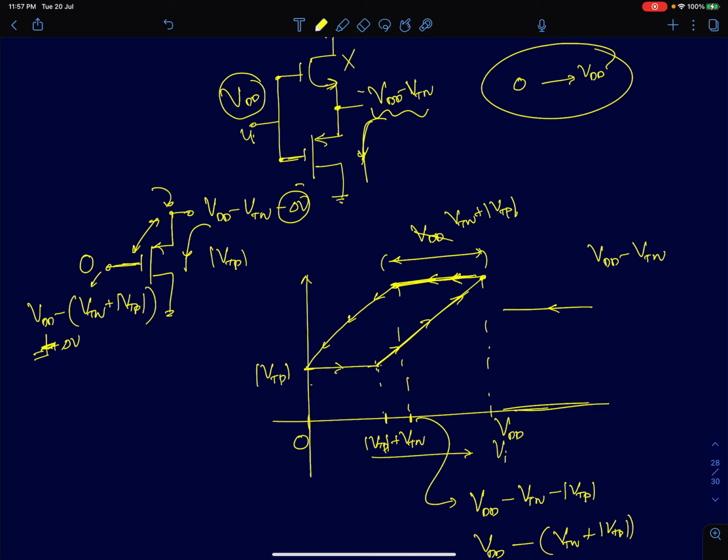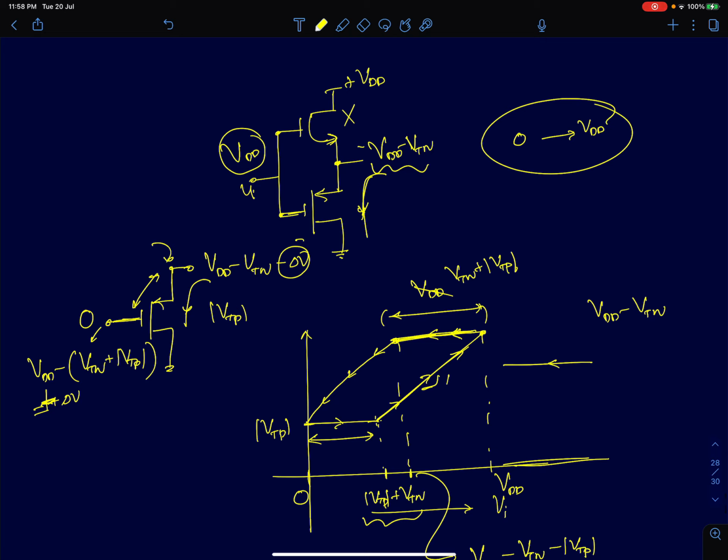The width of this region in voltage terms is VTN plus mod VTP, and this slope is 1. So that's how this graph of a buffer is going to look if your input goes from 0 to VDD.